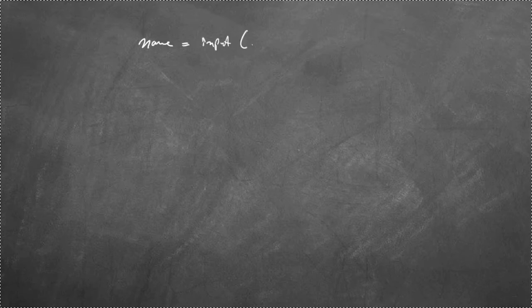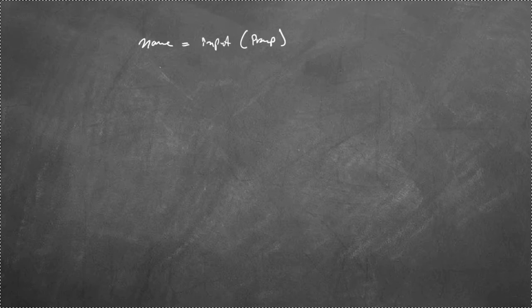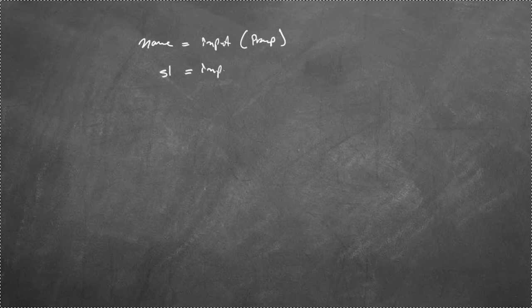So the first thing we want to do is get the person's name. So I'll go name is going to be equal to input and the prompt for the name, right? I'm not going to bother writing in all of that, what the prompt actually is. So the next thing that we want to do once we get that is we want to get our scores. Well, there are only 3 scores. So some people would say, well, let's just go S1 equals input, prompt, whatever the prompt is.